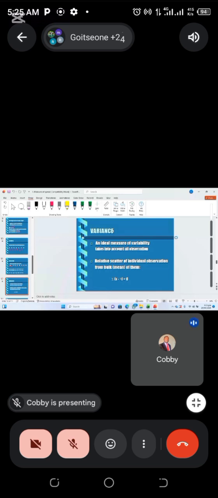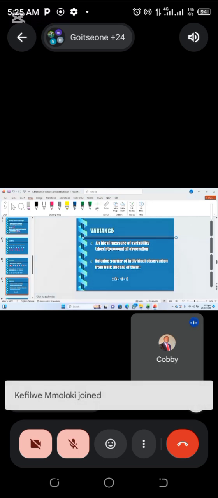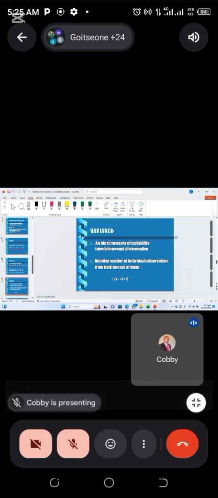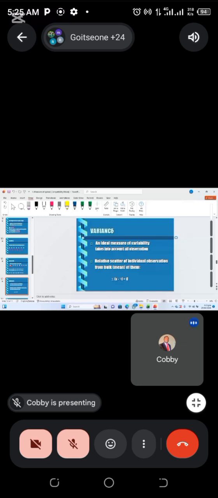It measures the relative scatter of individual observations from the mean, the relative difference of all individuals.